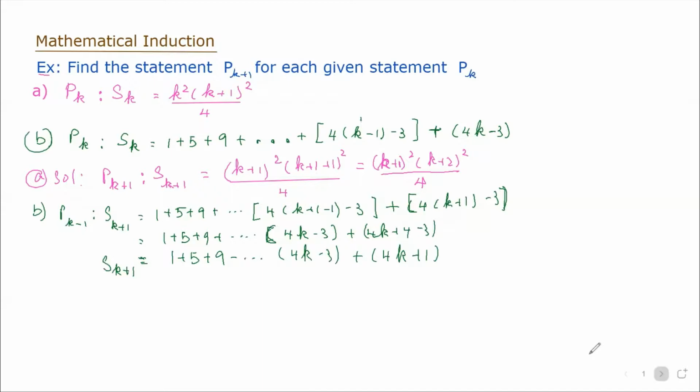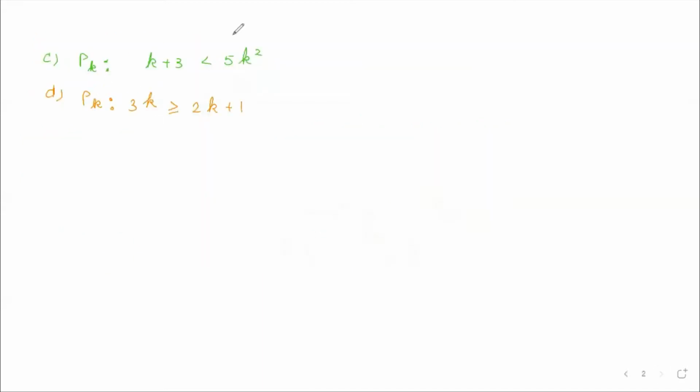Next example, question C. You replace k with k plus 1 also, and plus 5 less than 3 times k plus 1, the whole thing power 2. Oh, sorry, this one should be 5, not 3. So this is k plus 4 less than 3 times k plus 1, the whole thing power 2.